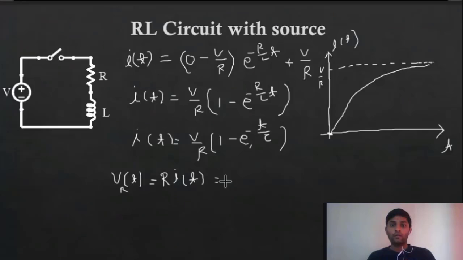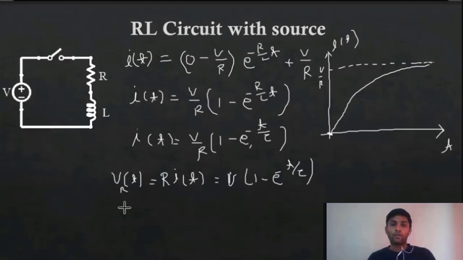You just need to multiply by R here. So you will get V times 1 minus e raised to minus t by tau. It is similar, but the only difference is that the maximum voltage will be V.